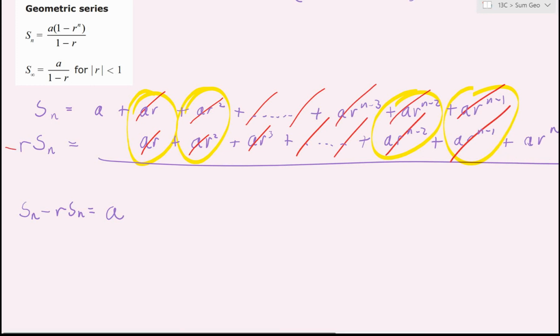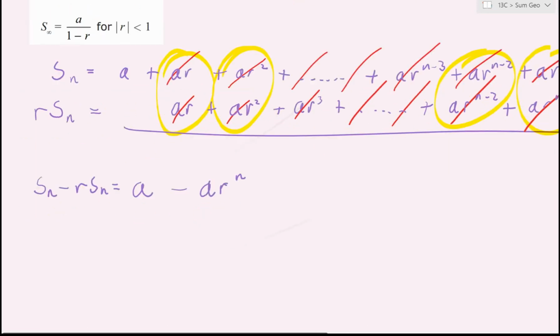And because I'm minusing this bottom row, that means I'm going to have a minus ar to the n here. I would say rewatch that a couple of times until it starts making sense. You basically minus the 2 rows and see what terms are left. Because this is left from the bottom row, it carried a negative sign, so we're minusing the bottom row from the top row.